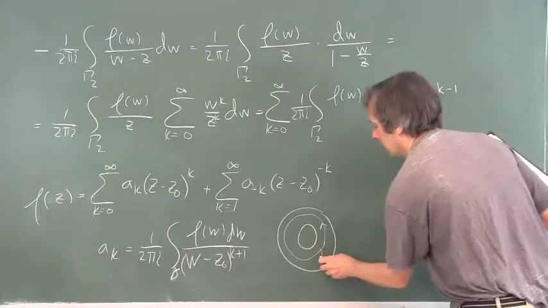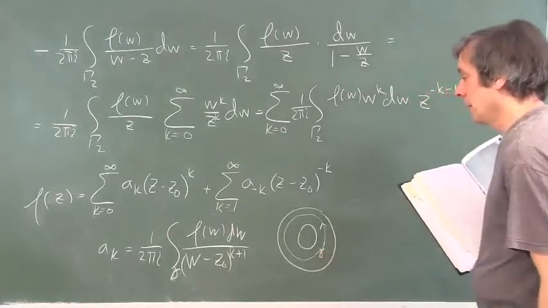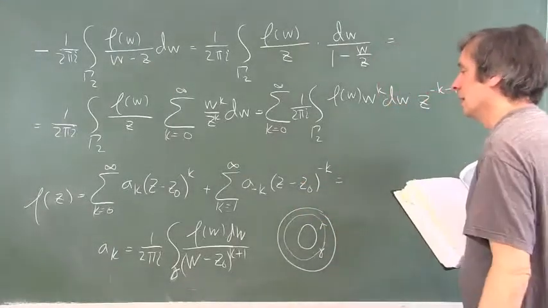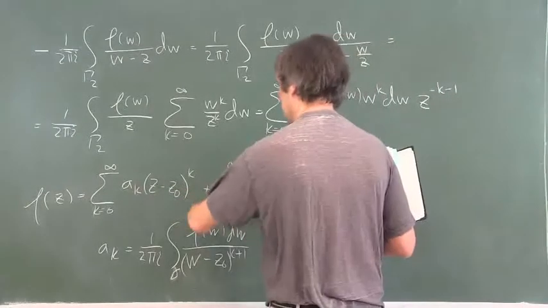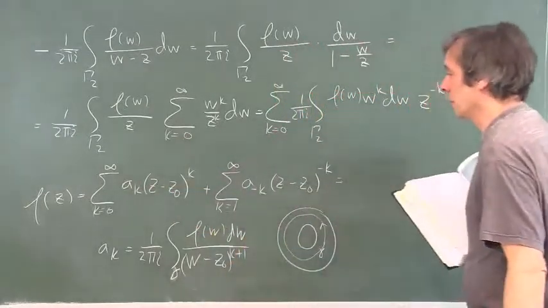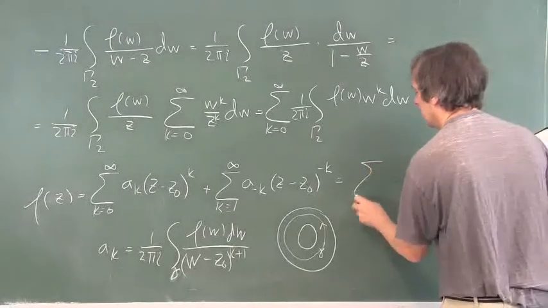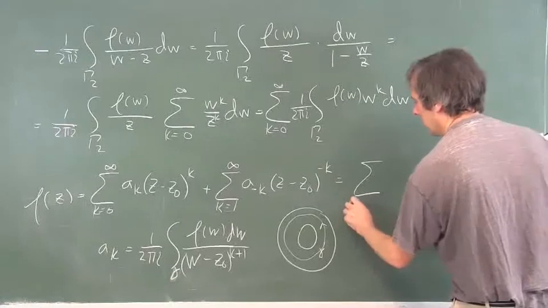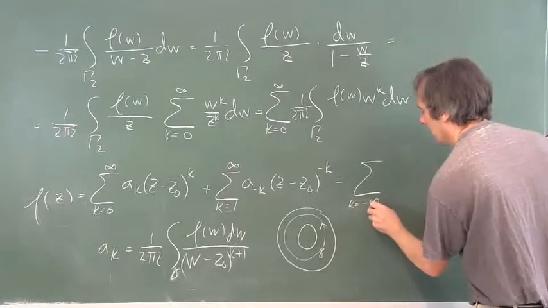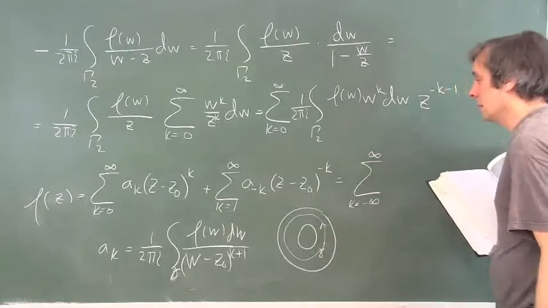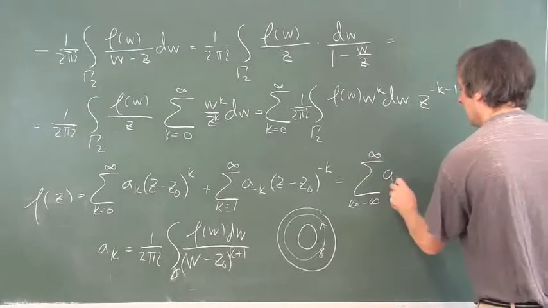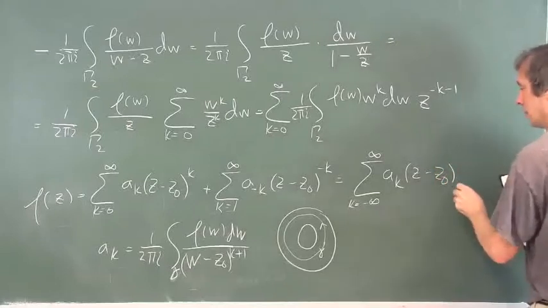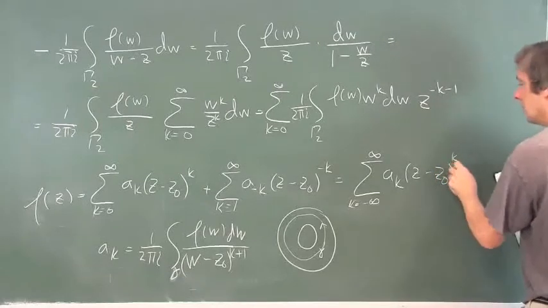So this could be small gamma then. Yeah, and then let's note that in many situations it can be more convenient to write this expression as an infinite sum which goes from minus infinity to plus infinity in this way of a_k. Like this then.